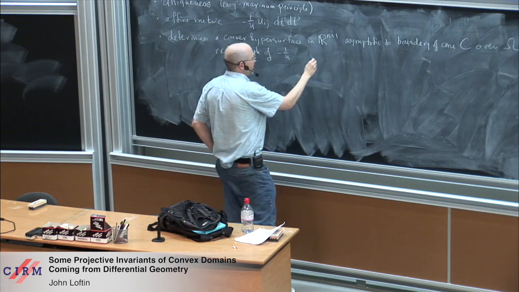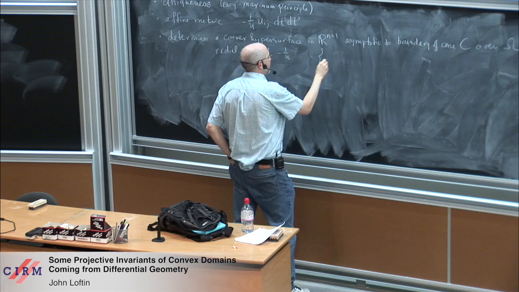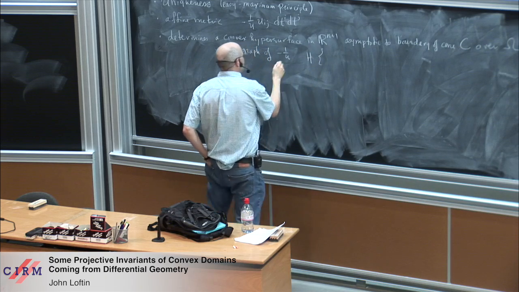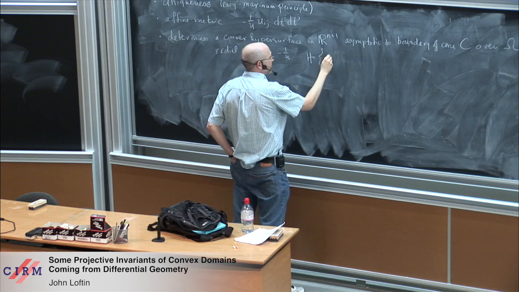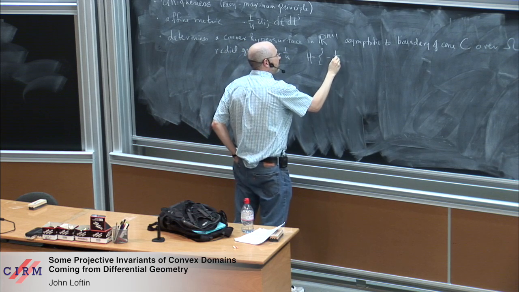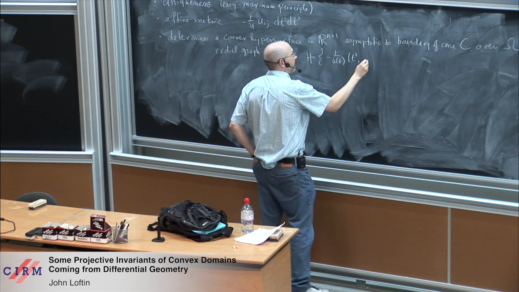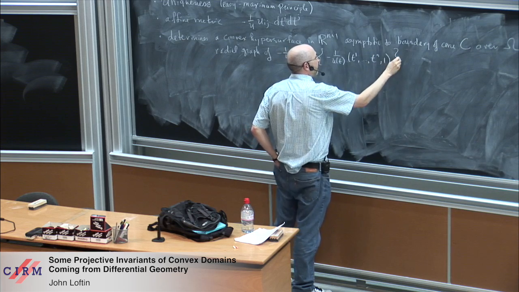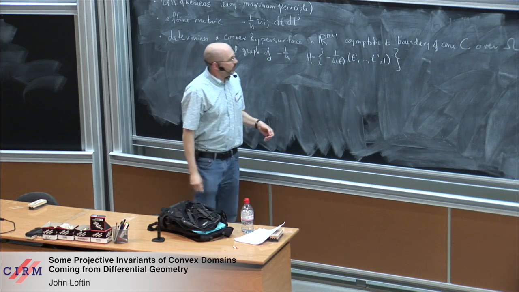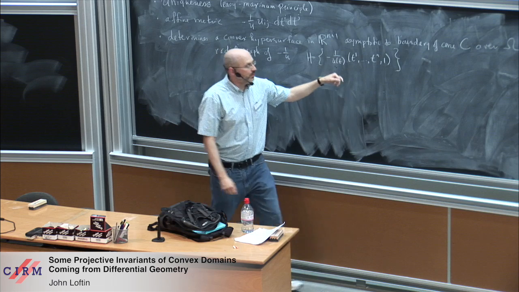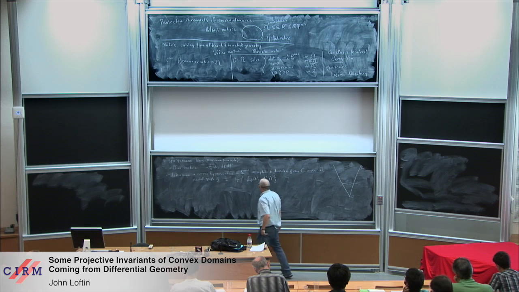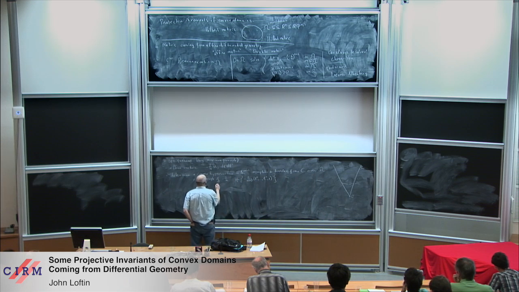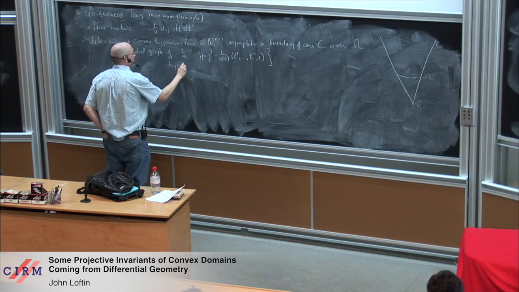So I'll call this H. You just multiply these points in omega by this factor, thinking of this as sitting in an affine subspace in R^(n+1) in the standard way. And so this is called a hyperbolic affine sphere.